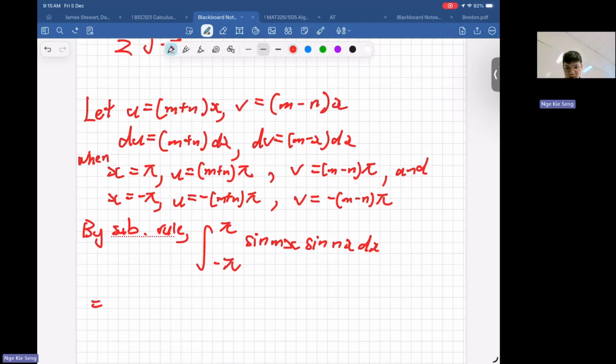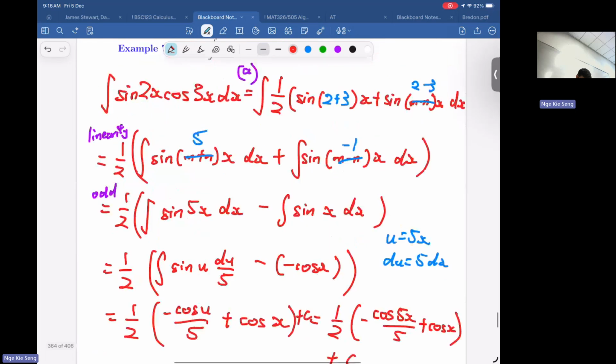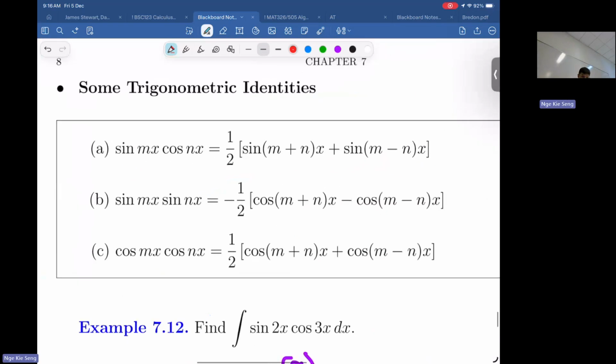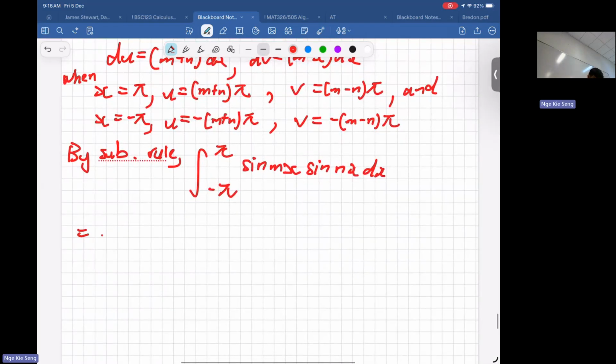Let's see. Why do I get a minus sign here? Oh, I think I missed a minus sign when I did the substitution. B got a minus sign. Yeah, B got a minus sign. So please take notes here. Okay, so let's continue.